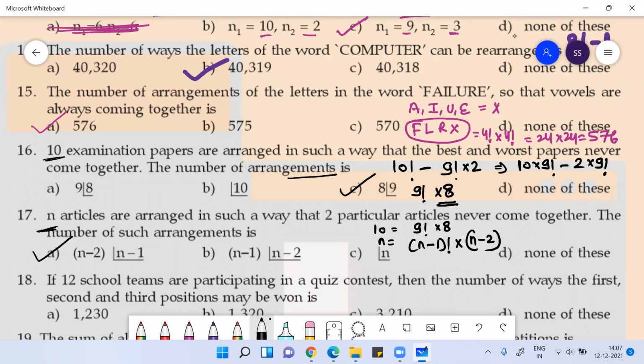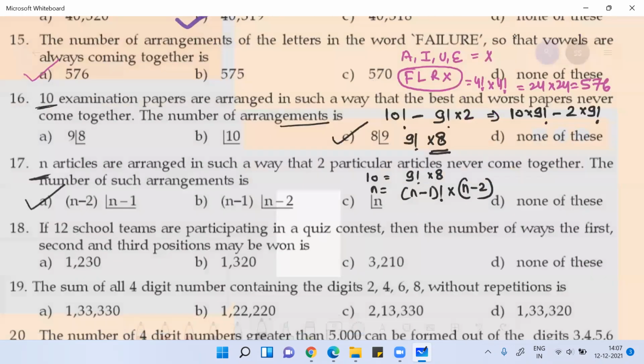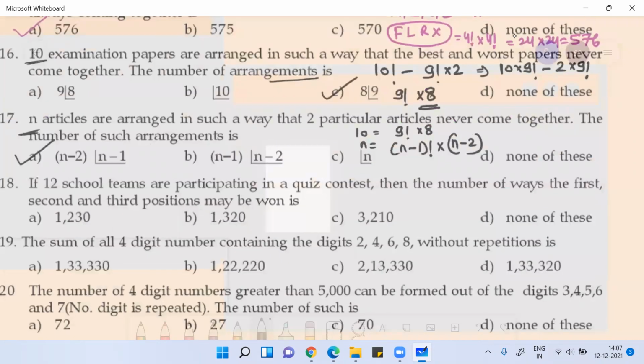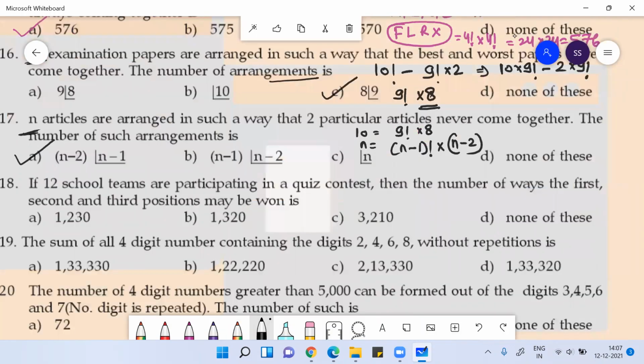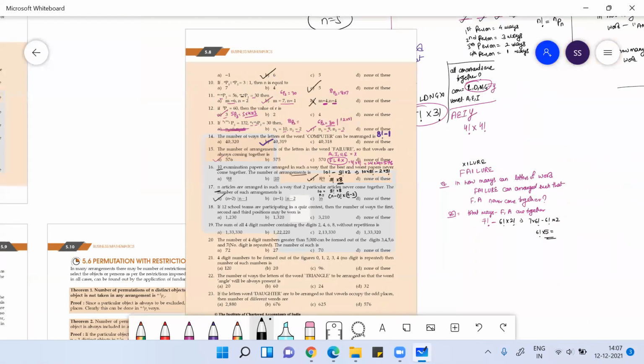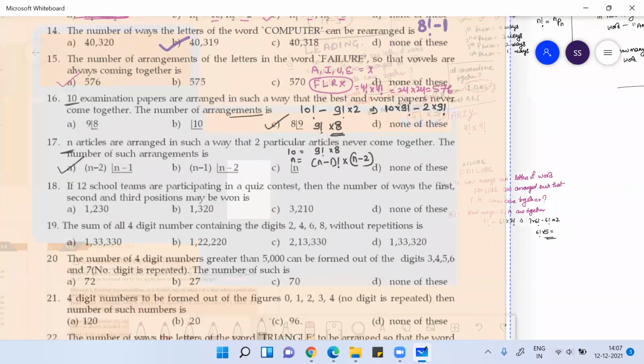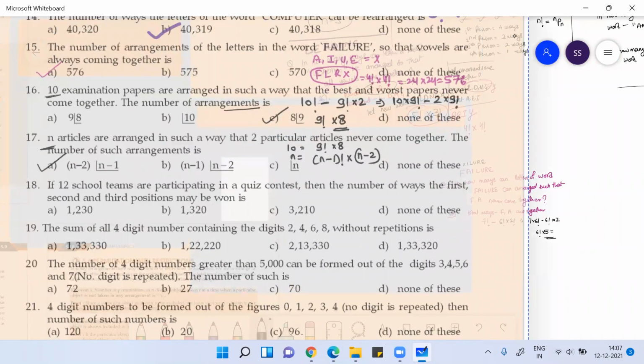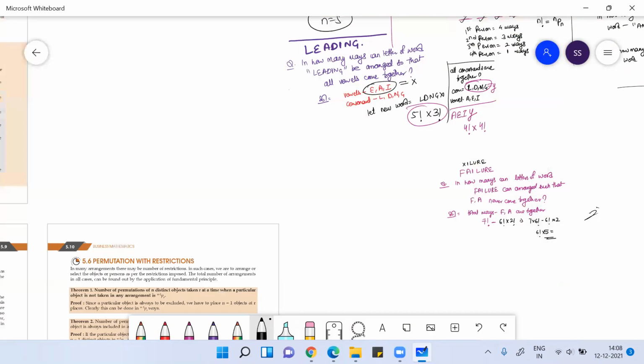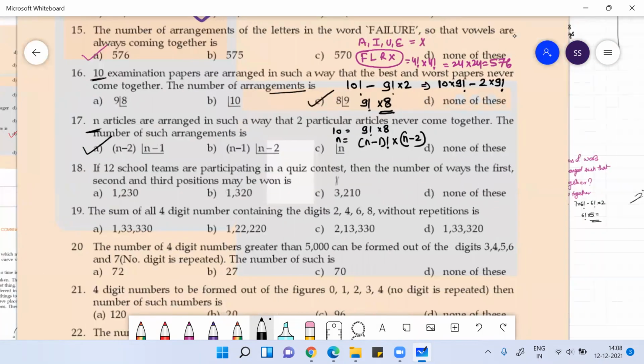Similarly, if I ask you the 18th one, 12 teams are participating in a quiz contest. Number of ways the first, second, and third position can be won. So for the first position, 12 teams are there. Any of the 12 teams can get the first position, right?